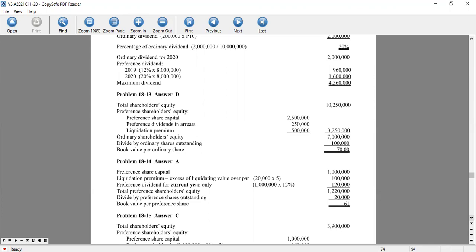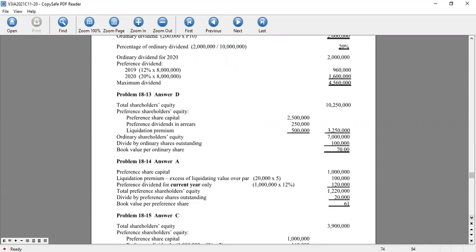So that's the preference shares, though no amount of dividends have been paid since 2018. So we now have 120,000.